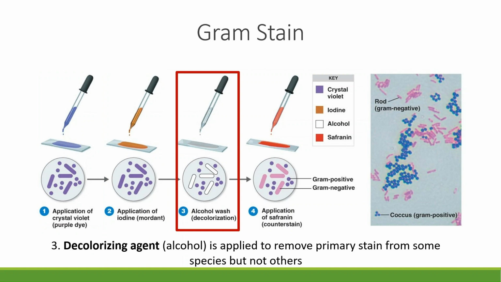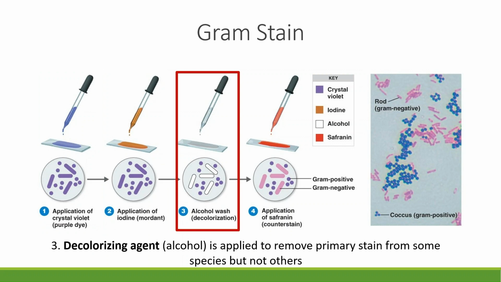Here we have an alcohol wash. We apply alcohol for just a few seconds in order to cause decolorizing to occur in the Gram-negative cells. Those Gram-negative cells will lose their dye readily. However, the Gram-positive cells will retain their dye.